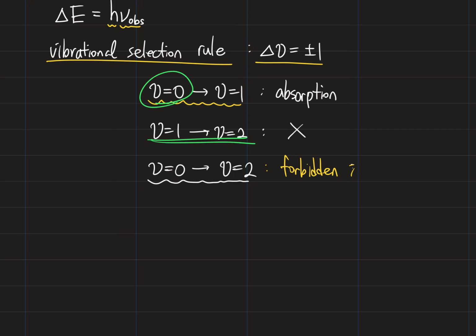It is forbidden in the harmonic oscillator, but if you include the anharmonic effect, then this becomes a slightly allowed transition. So, weakly allowed with anharmonicity.